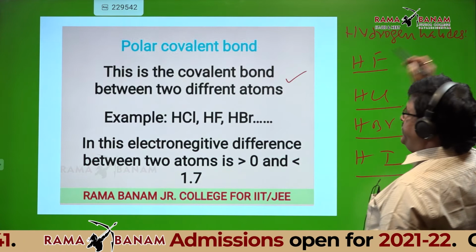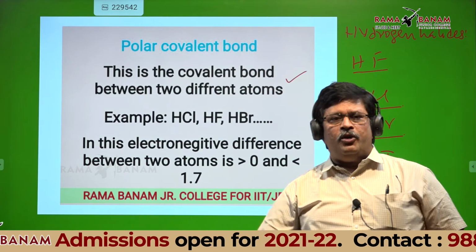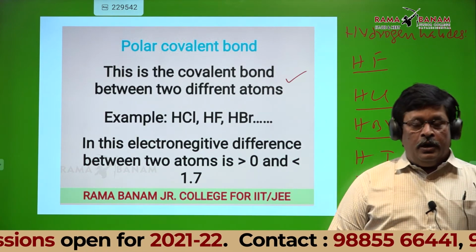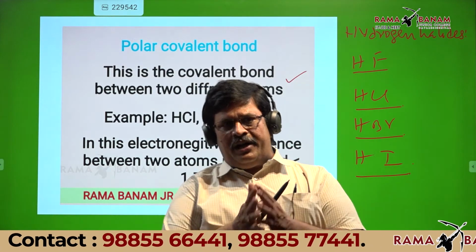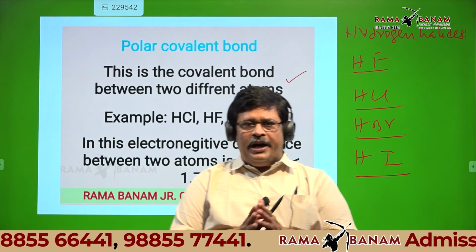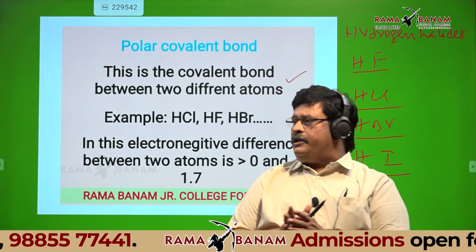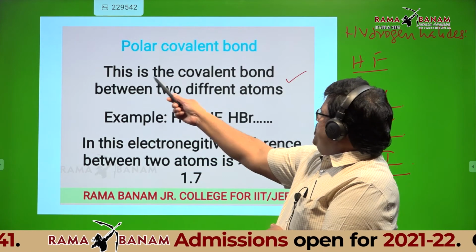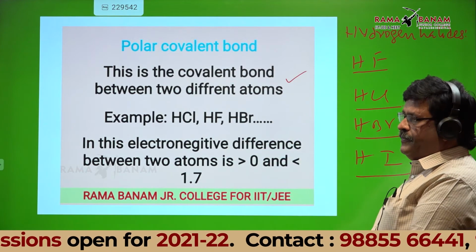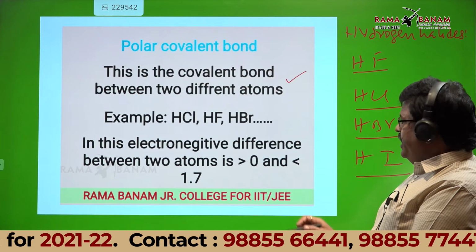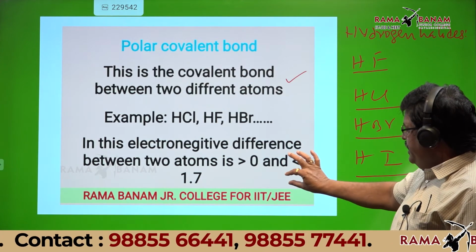Okay, now students, one more time look at the slide. Just concentrate on the board. Whenever it is required, I will dictate the notes. Don't write running notes; concentrate on the lecture. This is the covalent bond between two different atoms. See the condition I mentioned here.